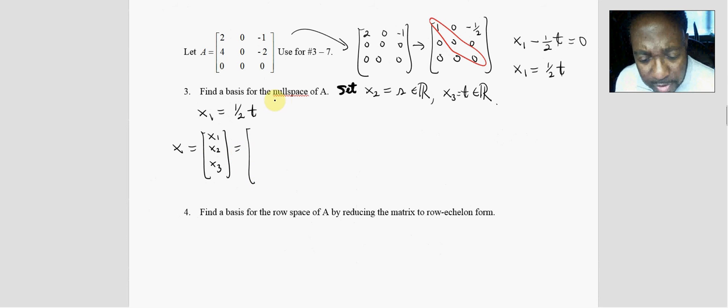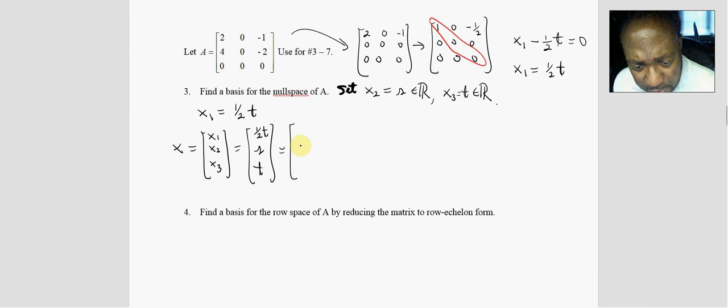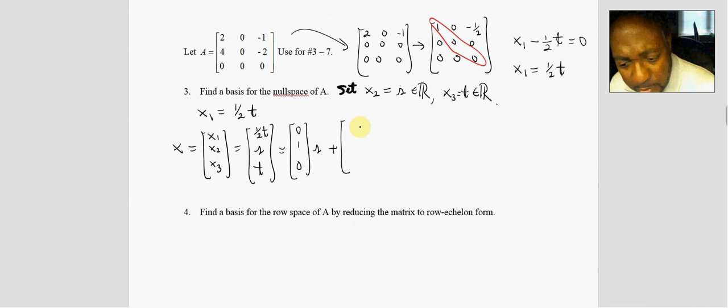The solution space just happens to be the null space. x sub 1 is 1 half t, x sub 2 is s, x sub 3 is t. So we can write that by using the associative property. Start with s first, doesn't matter, and then with t.